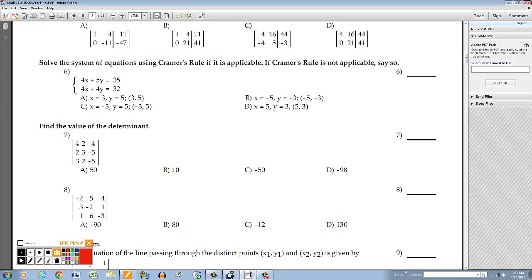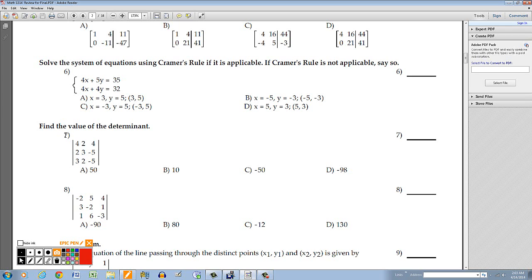Or a 5 here and a 3 here, you get this value, this answer. So D is the solution. So I'm trying to give you any shortcuts possible on these two to get the solution, especially when the test is multiple choice.